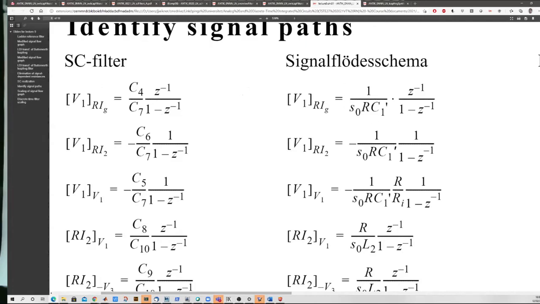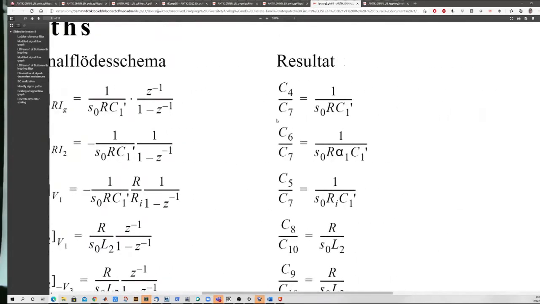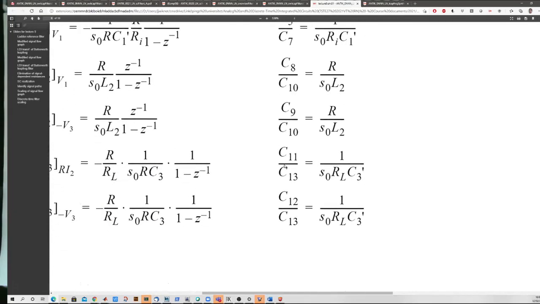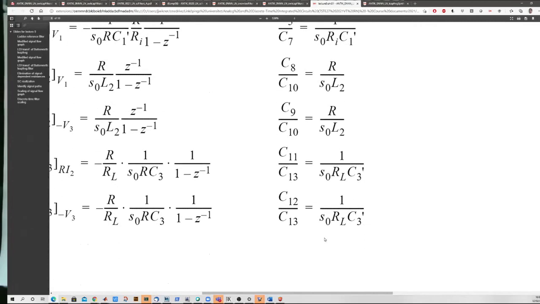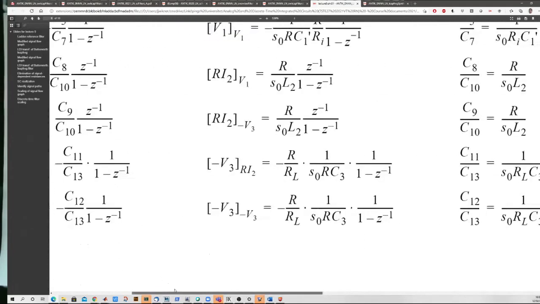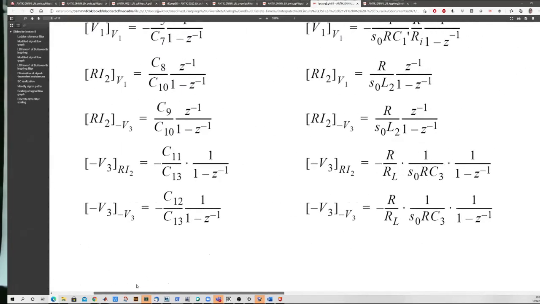And then I have the signal flow chart, and then I combine them just like we did in the first hour. And that gives me a relationship between C4, C7 and this flow chart number, which is from our reference filter, etc., etc. So you get all these kind of equations by investigating the different paths from one voltage to another voltage in the state diagram.